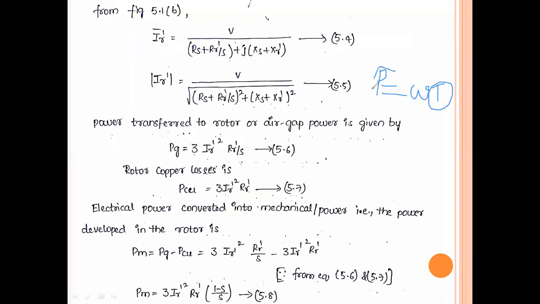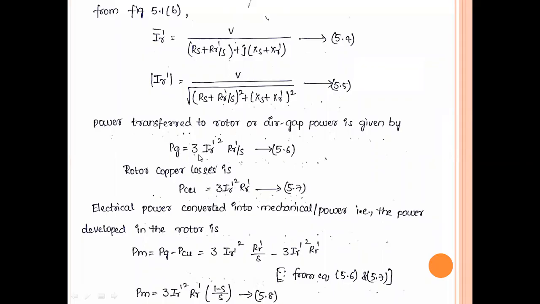That means we need to obtain an expression for the power. So for that, we consider the power that is transferred from the stator to the rotor. The power transferred from the input to the output is also called the air gap power.